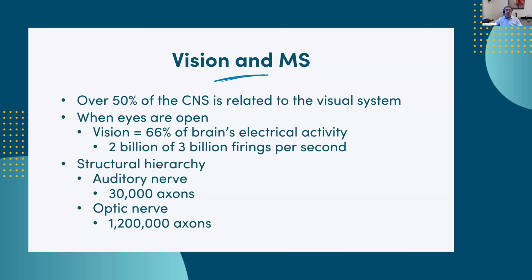But if we think about the optic nerve, it is 1.2 million nerve cells. Again, that gives you a proportion of how important the visual system is for us as human species and how, because of that representation in the brain, we can see a significant amount of manifestations in diseases like multiple sclerosis that can affect multiple different locations. Next slide.